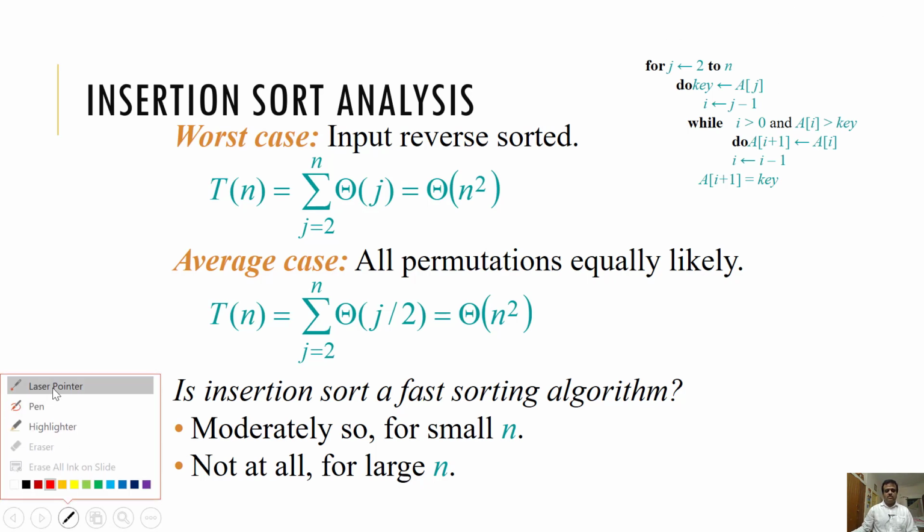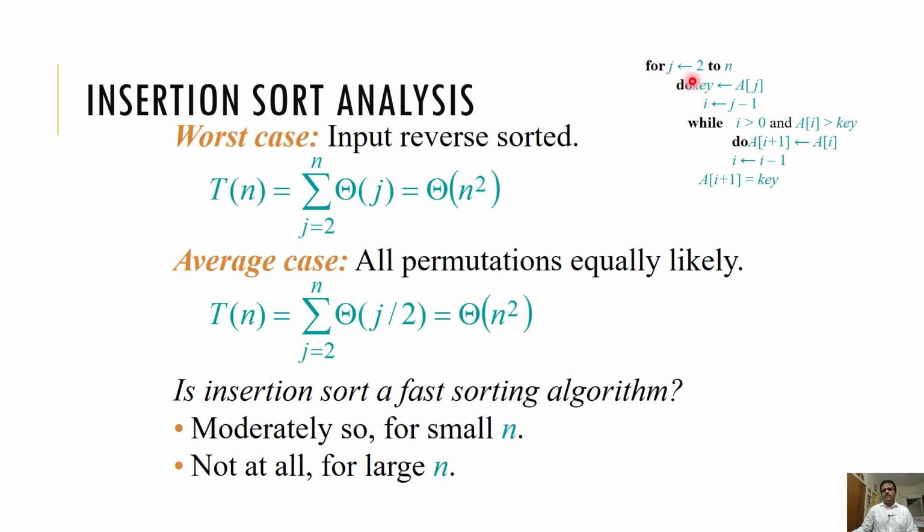Now, here we have a loop in j. The size of this loop is order of n. So, that is why T(n) is the summation of j starting from 2 to n, depending on what work we are doing here. Now, how much time will this assignment take? Here we are assigning the value of A[j] to a temporary variable key.